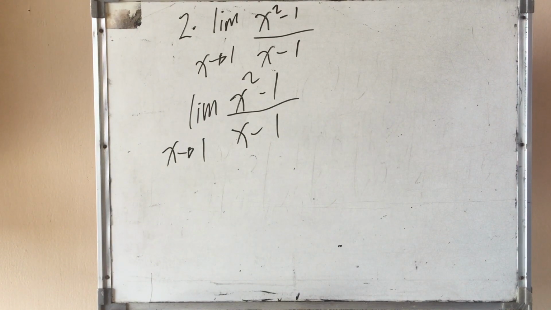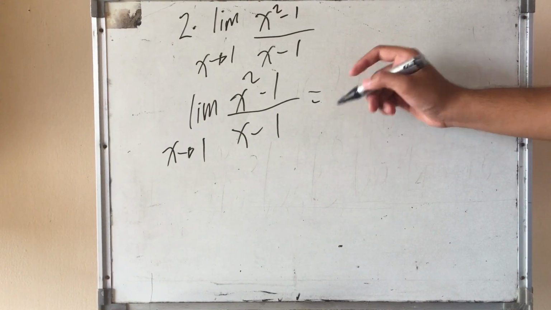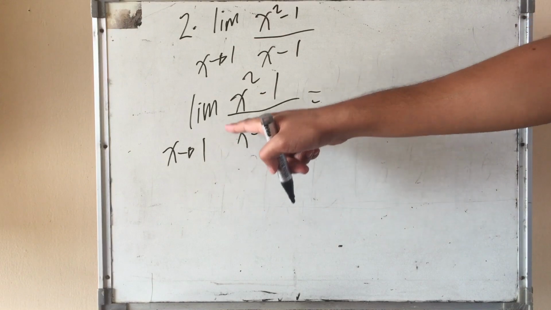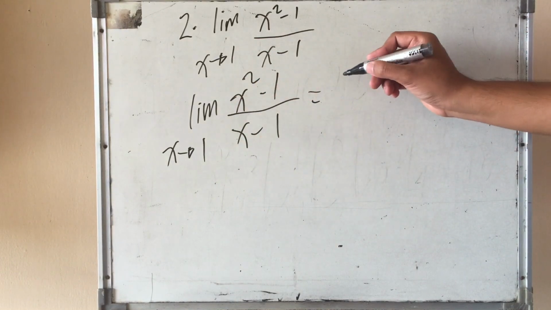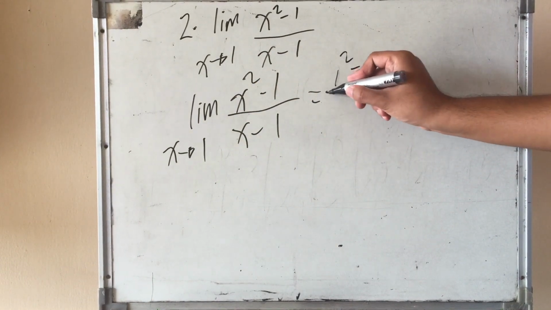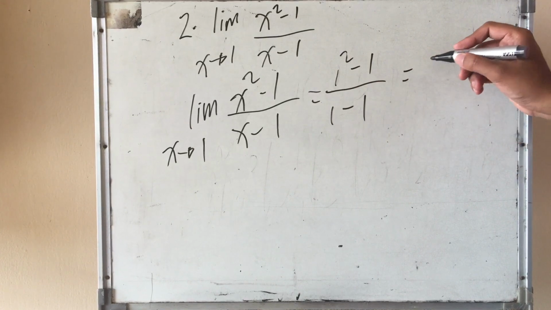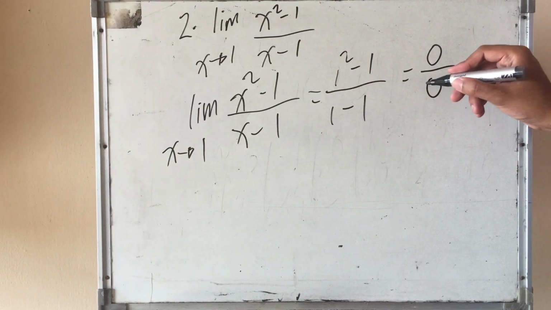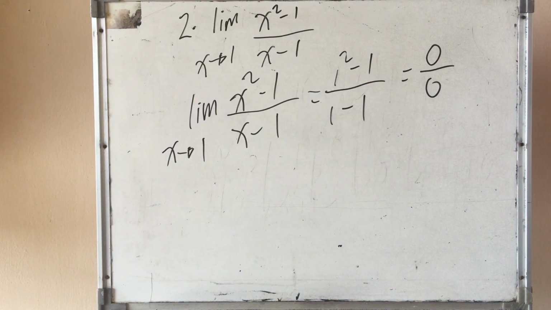Clearly this is not defined at x equals 1, so f of 1 does not exist. Nevertheless, the function does have a limit as x approaches 1. If you substitute 1 in this equation, we have 1 squared minus 1 over 1 minus 1, which is 0 over 0, an indeterminate form.